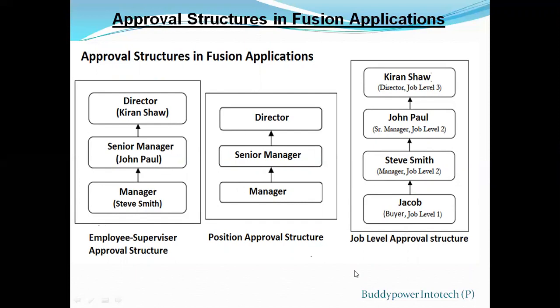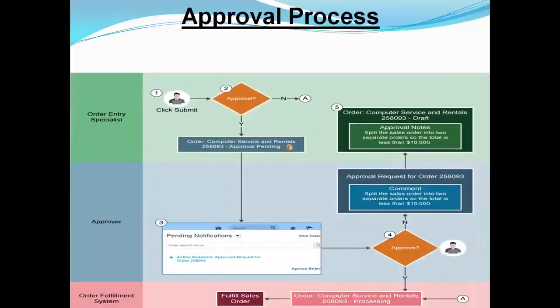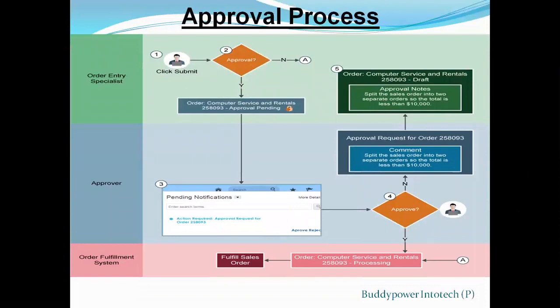Now moving ahead, let me show you an example of how the process works. In this scenario, say you have a sales order that should not exceed $10,000, and your order administrator has established a rule saying that if the sales order exceeds $10,000, you have to get an approval. You send that approval request to your manager.